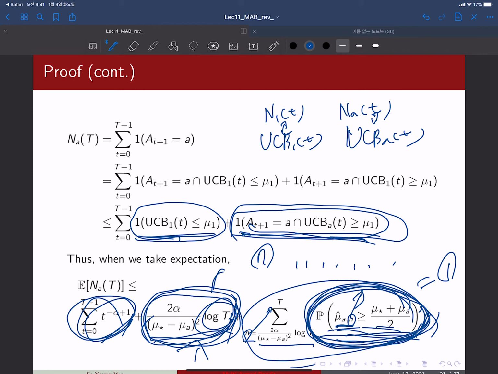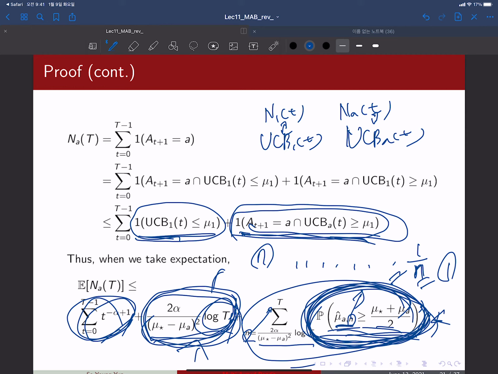So the tightest case, the best scenario for this summation, I believe, is making this probability equal to 1 over, let's say, n. Make this probability proportional to 1 over n. Then the summation of this will be roughly log t.